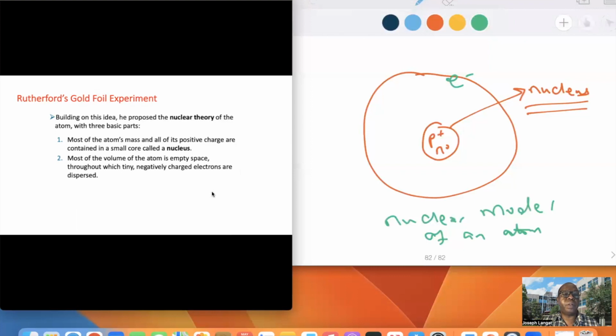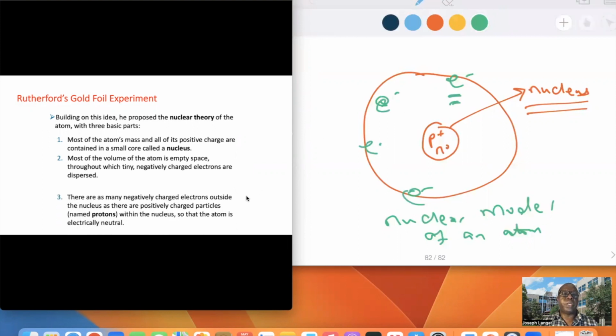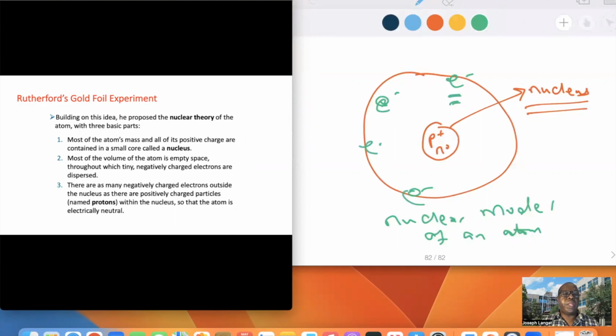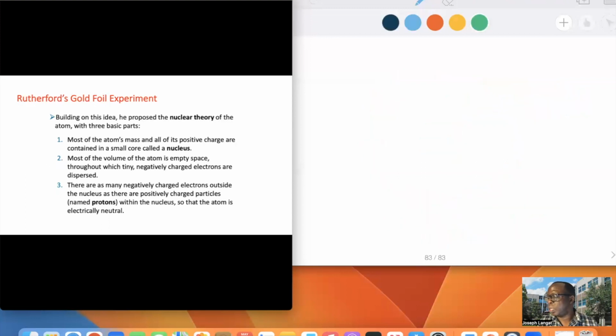Most of the volume of an atom is just empty space throughout which tiny negatively charged electrons are dispersed. So here are the electrons, dispersed around with a negative charge. This is e with a subscript negative showing the negative charge. Thirdly, there are as many negatively charged particles outside the nucleus as there are positively charged particles in the nucleus. In other words, the number.